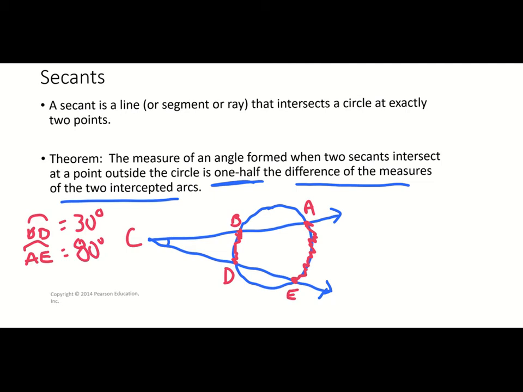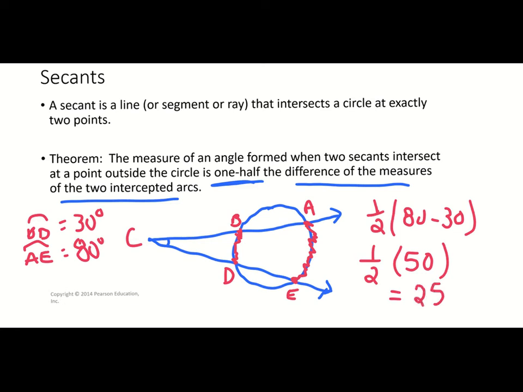To find the measure of angle C here, we're going to do 1/2 the difference of my two intercepted arcs. So I would do 80 minus 30 will be 1/2 of 50 degrees, or angle C is equal to 25 degrees.